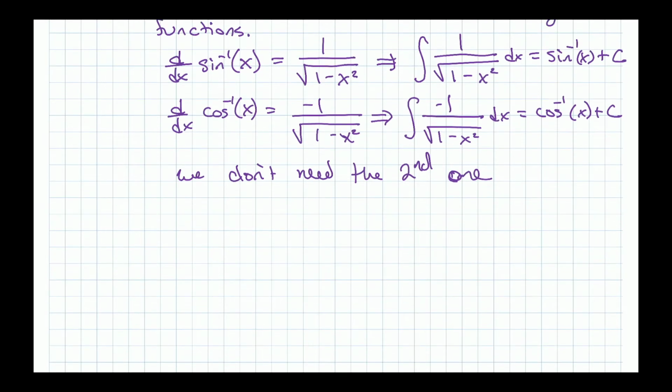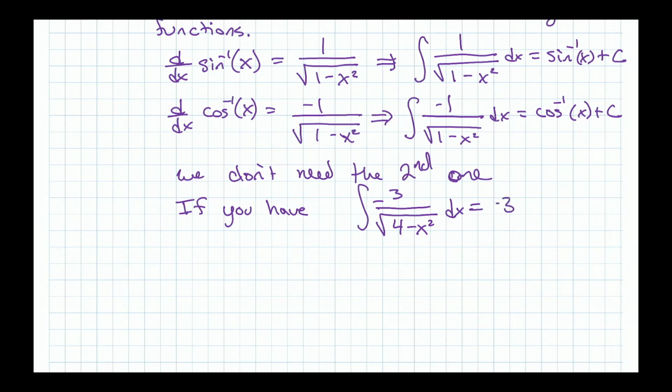If ever you have an integral that has a negative in it, you would just do it like this. If you have an integral of, let's say, negative 3 over square root 4 minus x squared, because we're going to learn how to do this kind, you would just take the minus out front.